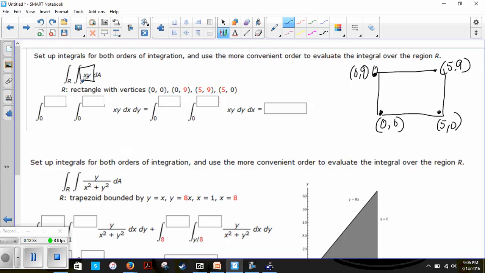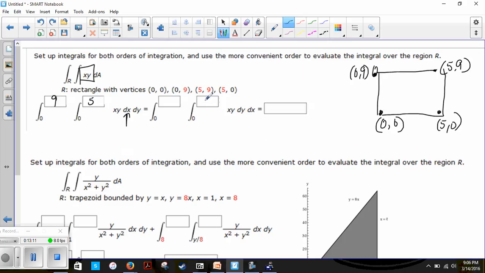They said, all right, find that area underneath this, the volume underneath this with xy. So xy is going to go into here. Now they have us do it 2 different ways. This one is not going to be very interesting because if I'm talking about in terms of x, they gave us these hard cutoffs, if you will. So x is going from 0 to 5, and then the y is going from 0 to 9.